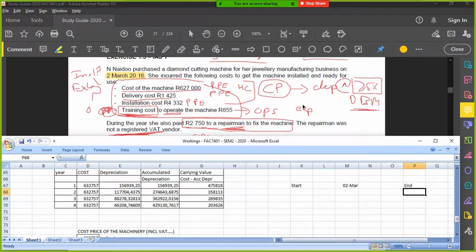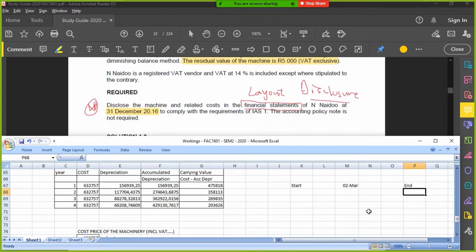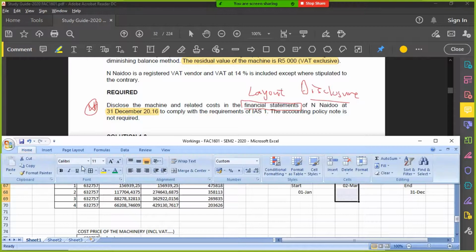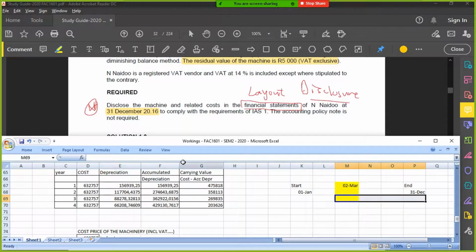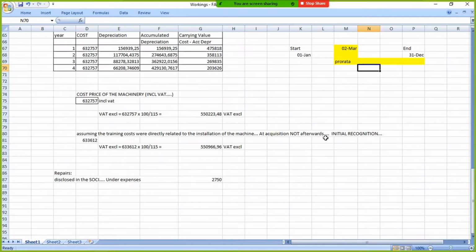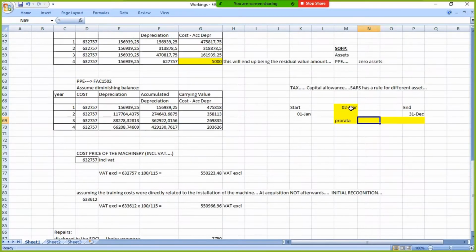The end was 31st December, and then the beginning would have been 1 Jan. So March to December. Pro rata. If it's pro rata, you've got March, April, May, June, July, August, September, October, November, December. Yeah, 10 months is fine.